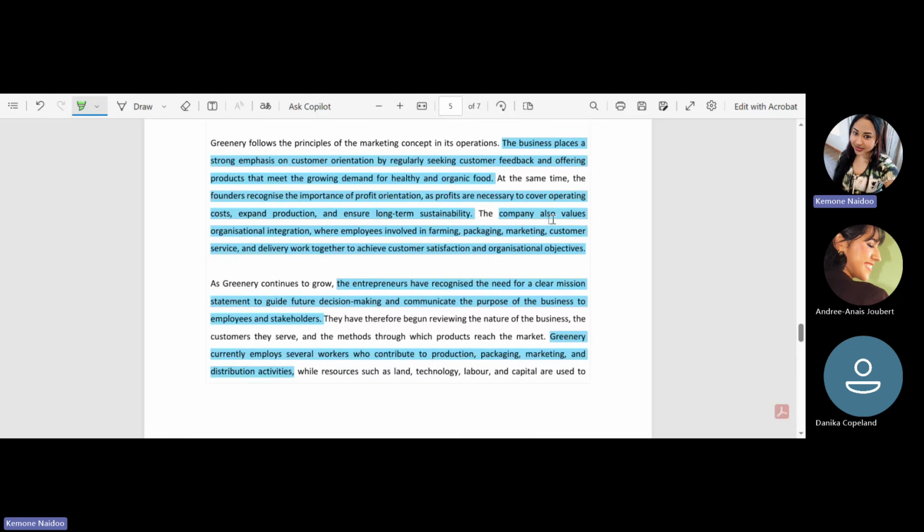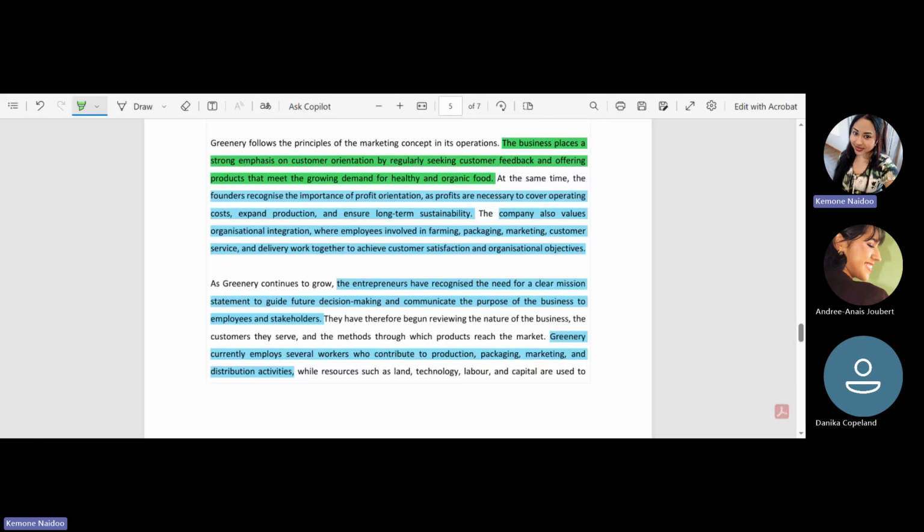And you can find it somewhere here. Okay, within this section. So if you look at the business places strong emphasis on customer orientation by seeking regular feedback, which shows that they're customer centric. They're focused on their customers.